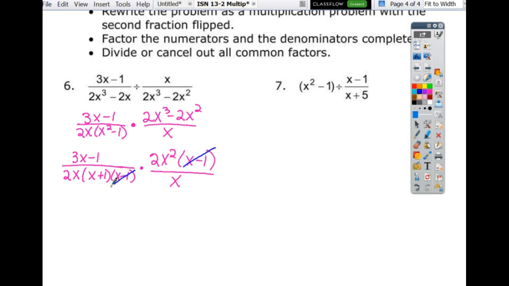We can cancel the 2's, right? So I have x times x. What is that? X squared, and I have an x squared up there. So can I cancel all of those? I can. And then it leaves me what on the bottom? Very good.